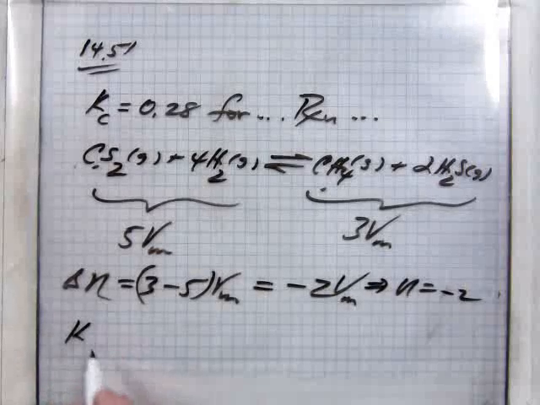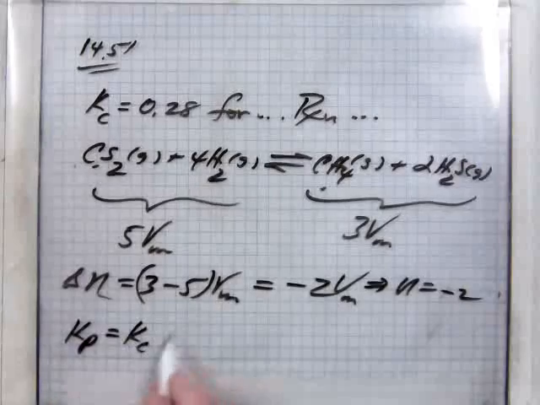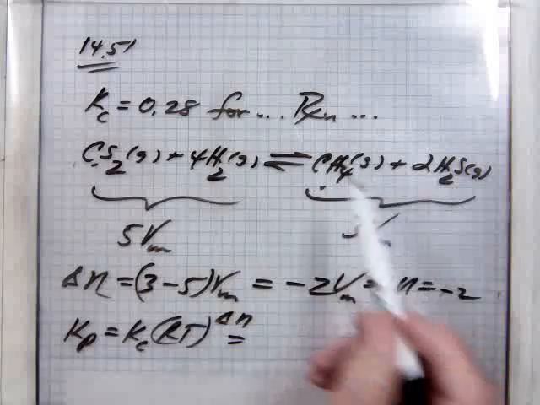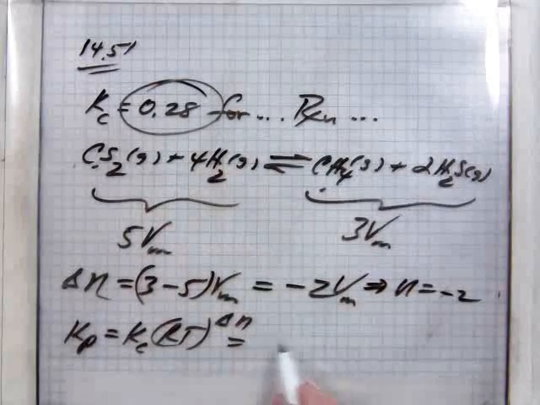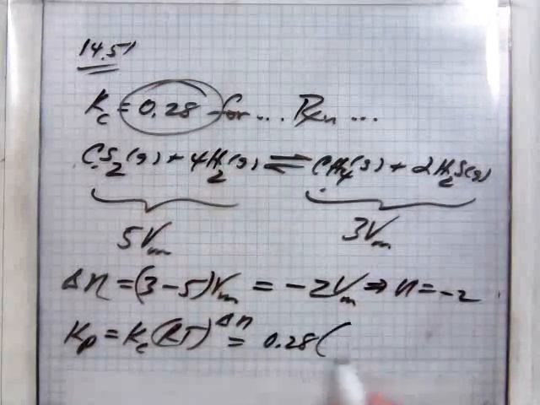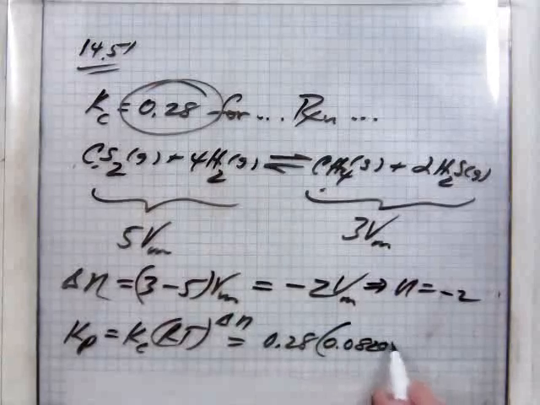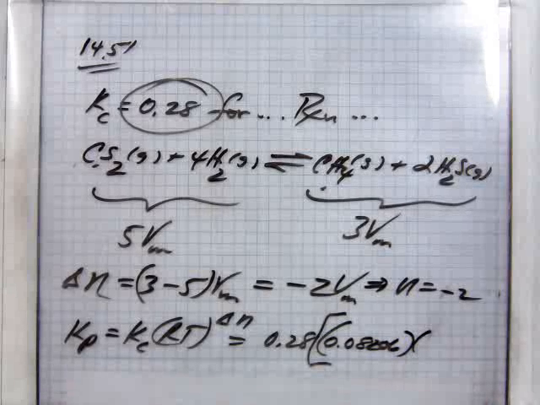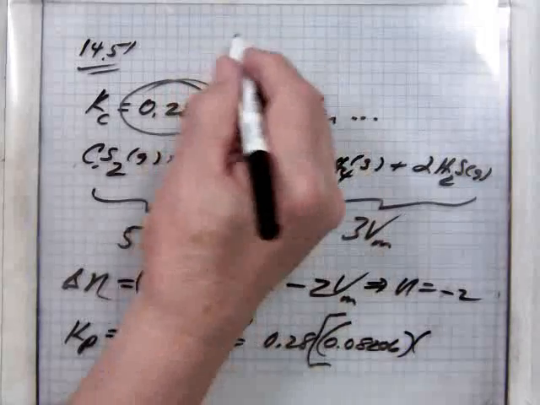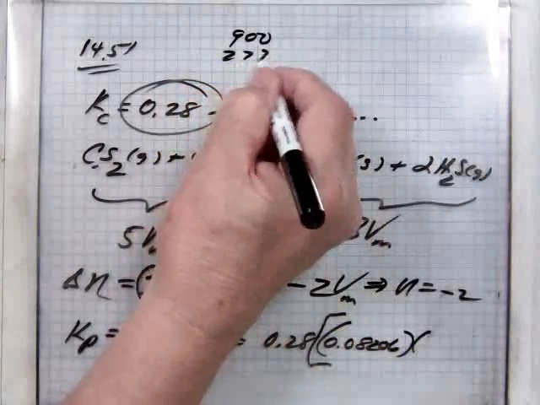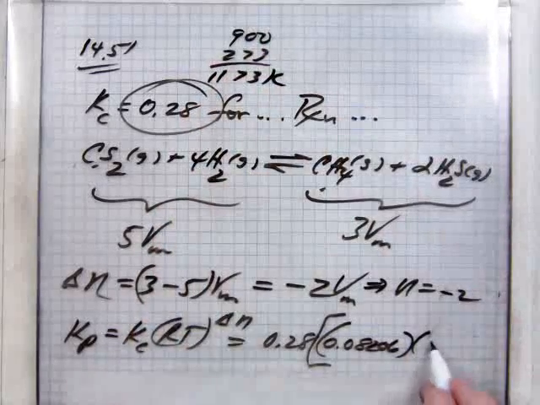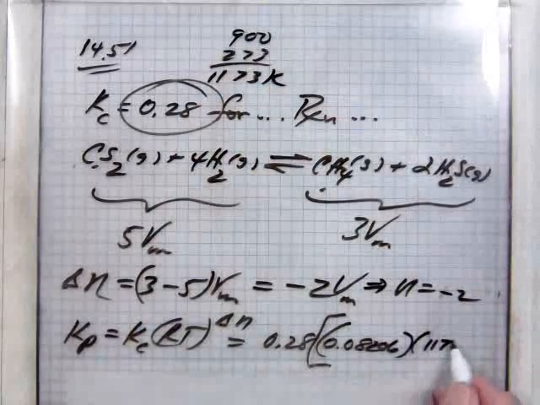So Kp equals Kc (RT) to the delta n. The Kc was given to be 0.28, R is 0.08206, and the temperature, we'll give a temperature, 900 degrees Celsius. So that's 900 plus 273, which is 1173 Kelvin.